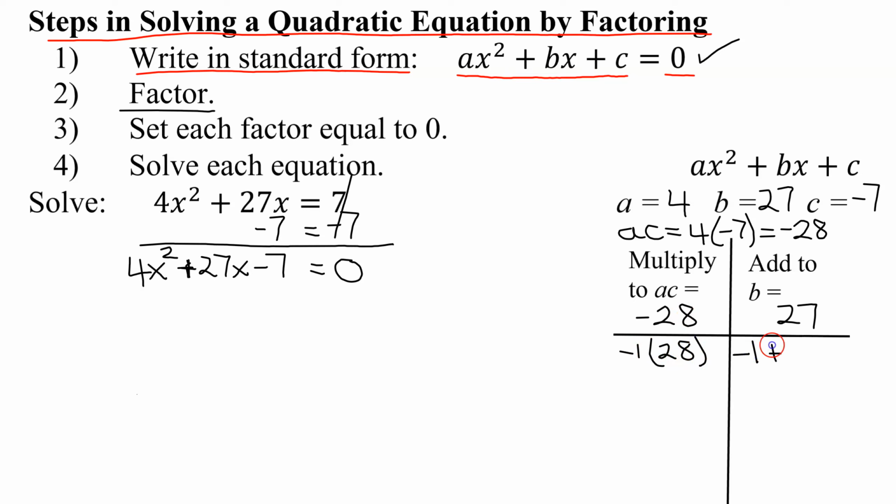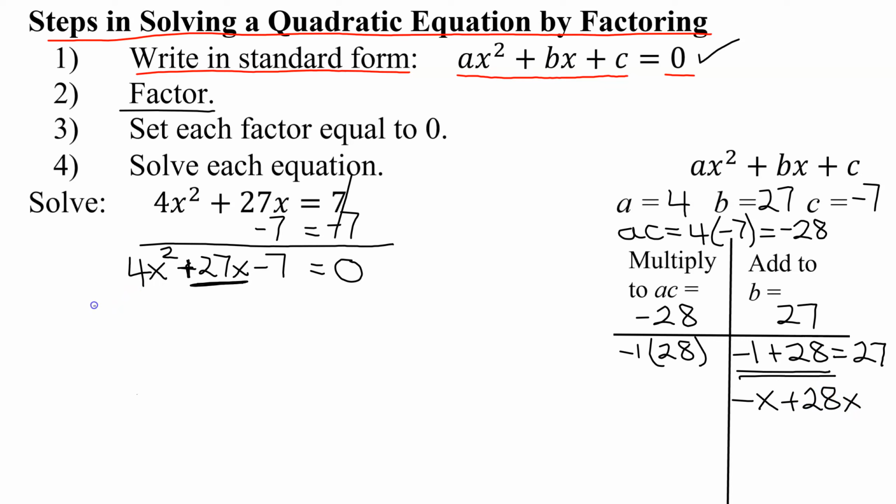And negative 1 plus 28, oh, that's nice. The very first one I try adds to 27. So that is the number I'm looking for. So these are not my factors. That's what I'm going to break my middle term down into. So instead of 27x, I'm going to write negative 1x, or just negative x plus 28x.